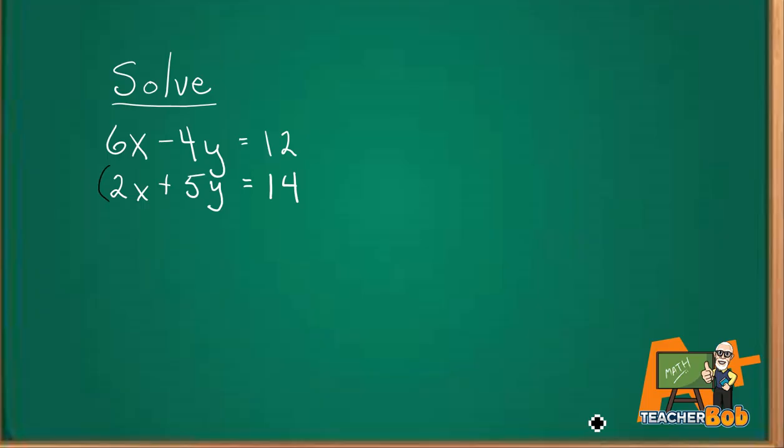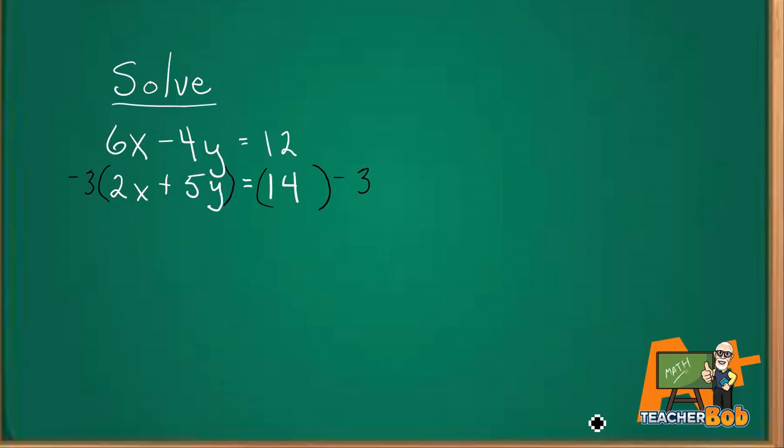So I'm going to multiply this expression and the 14 on the right by -3, because -3 times 2x is equal to -6x, which is the opposite of 6x. They're going to cancel each other out. And we're going to multiply the 14, positive 14 by -3.